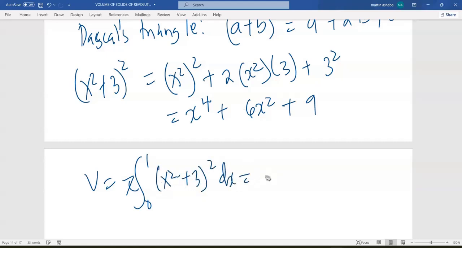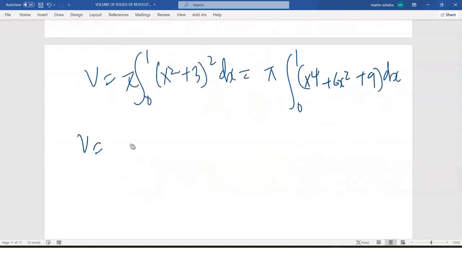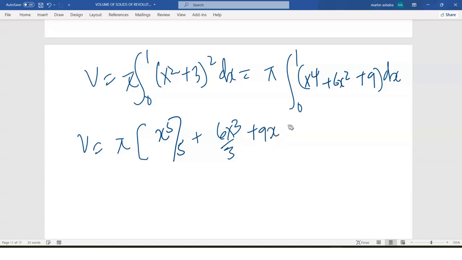This will be the same as pi integrating from 0 to 1 of x to the power 4 plus 6x squared plus 9 with respect to x, and therefore the volume will be pi into x to the power 5 out of 5 plus 6x cubed out of 3 plus 9x from 0 to 1.